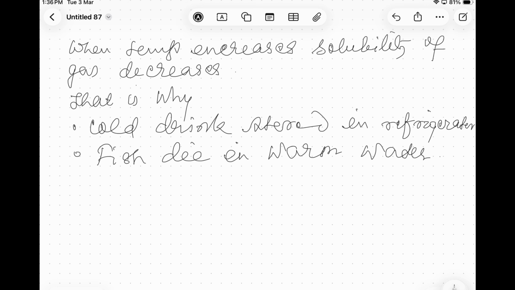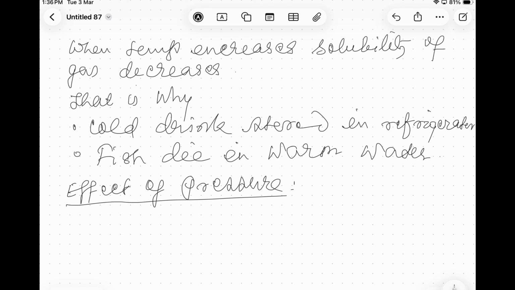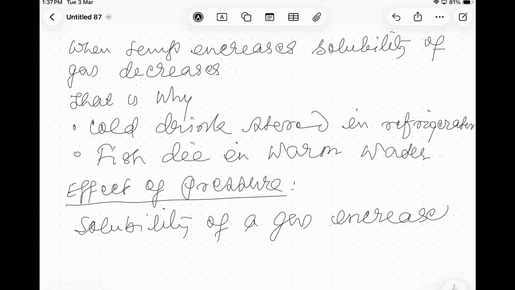Let us discuss point number 2, effect of pressure. Solubility of a gas increases with increasing pressure.